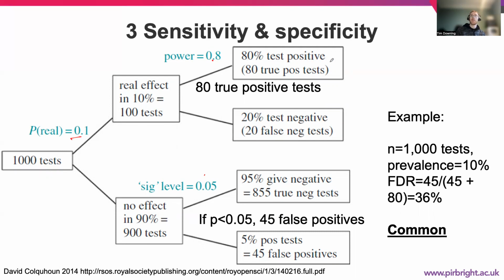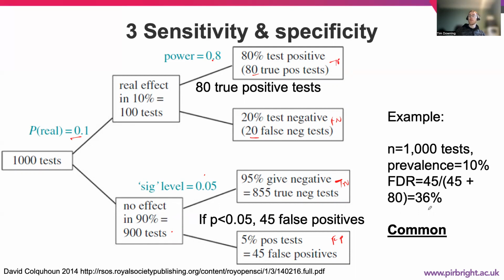So we'll get the same number of true positives, 80 here, compared to the false negatives. So we have 80 and 20 false negatives from 100, and 900 here. If we use an alpha value of 0.05, that means we get 45 false positives and 855 true negatives. And you can see here that our PPV is now improved.